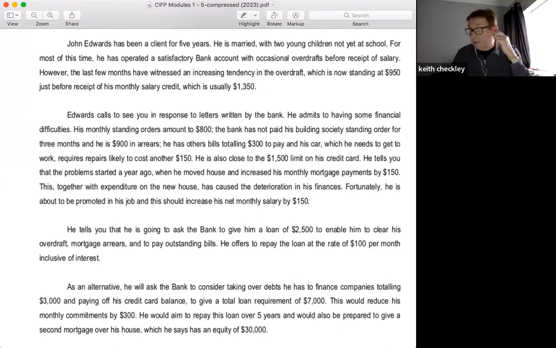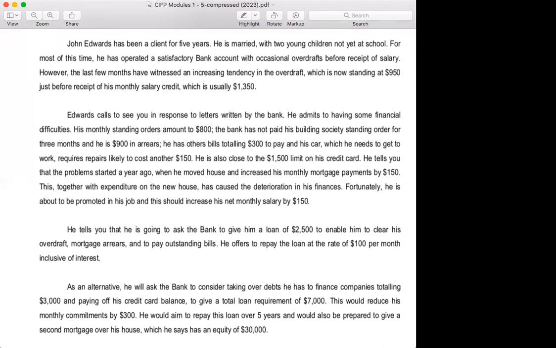Can you talk us through your calculation then, Candice? My calculation here is basically for the debt: the standing order of $800, the building society standing order of $900, bills totaling $300, car repairs $150, and then the credit card approximately $1,500.